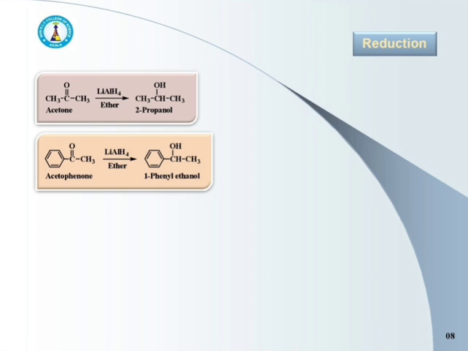Acetone gets reduced to 2-propanol, whereas acetophenone gets reduced to 1-phenyl ethanol by using the reducing agent LiAlH4. This is the reduction by using reagent LiAlH4.